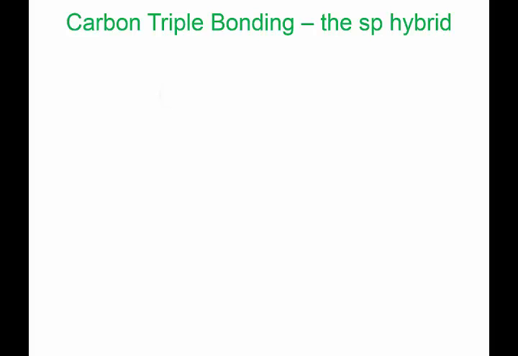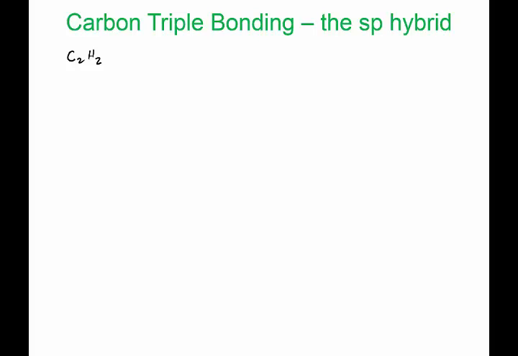So here we have an sp. If we have, for example, HCN, then you have the carbon here. So the Lewis structure will look like this. Actually, let me use this example: C2H2, ethyne.